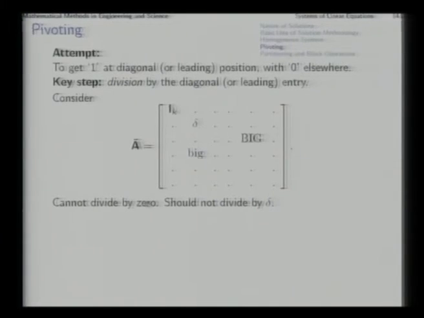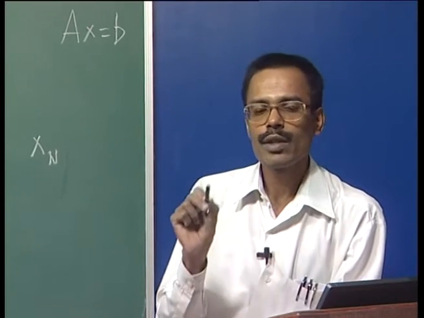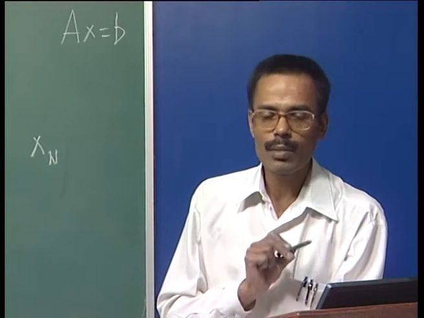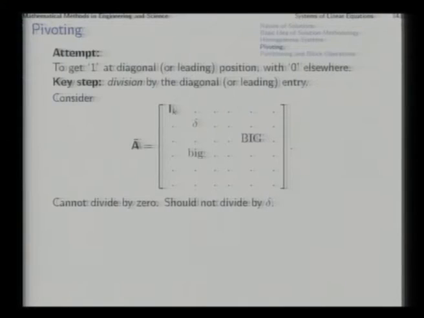So, we cannot divide by 0, but even if it is not 0, but if it is a number with very small magnitude, say 0.000003 or minus 0.00005, something of that sort. So, in that case we should not divide by delta. Why do we say we should not divide by delta?